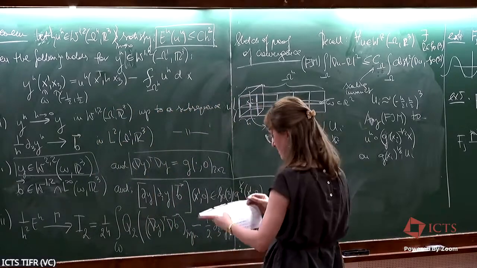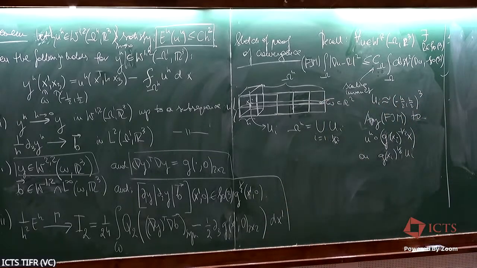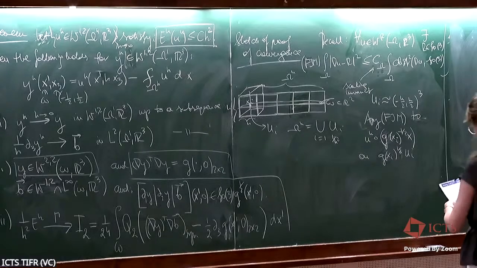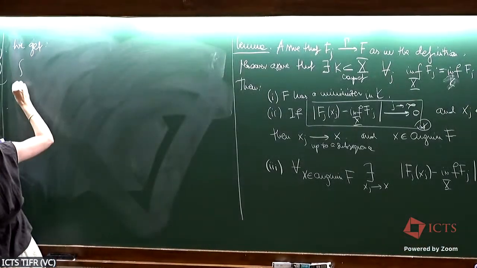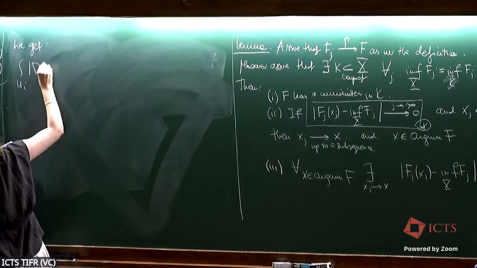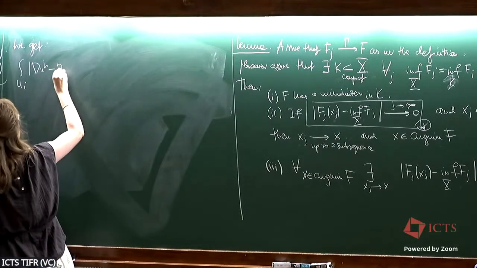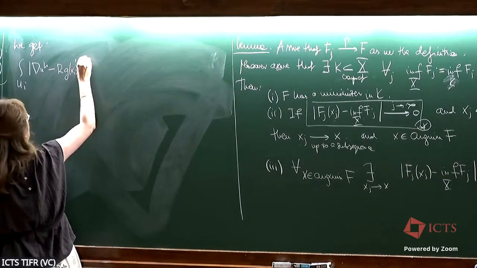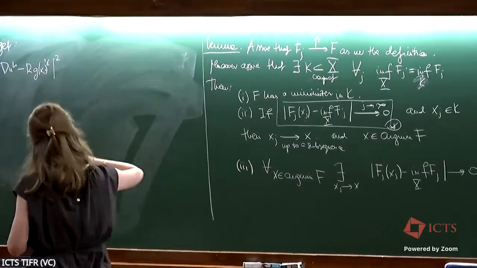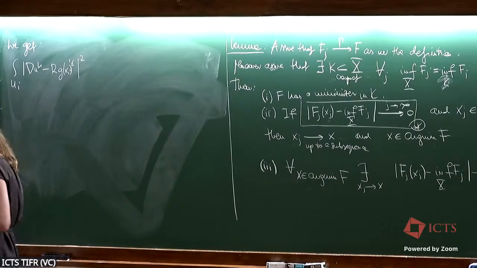So what do we get? We get the integral on ui of the gradient of u^h minus a rotation times g of xi to the minus 1/2, squared. So basically I'm applying this modulo change of variable. You just have to do some calculation by yourself.